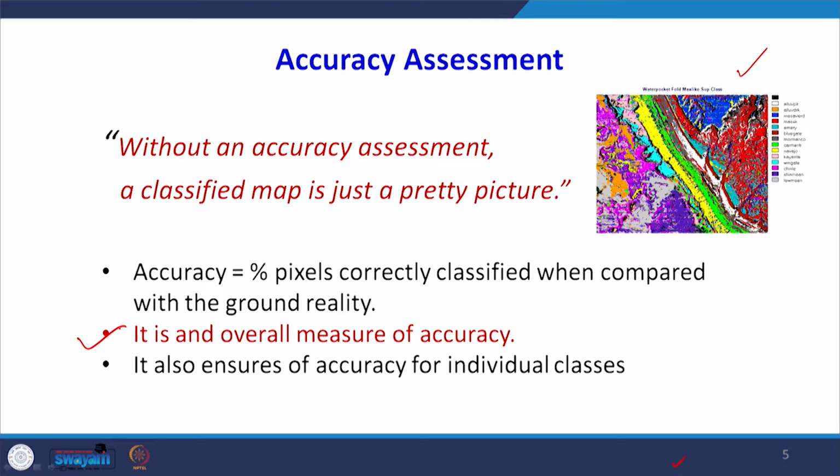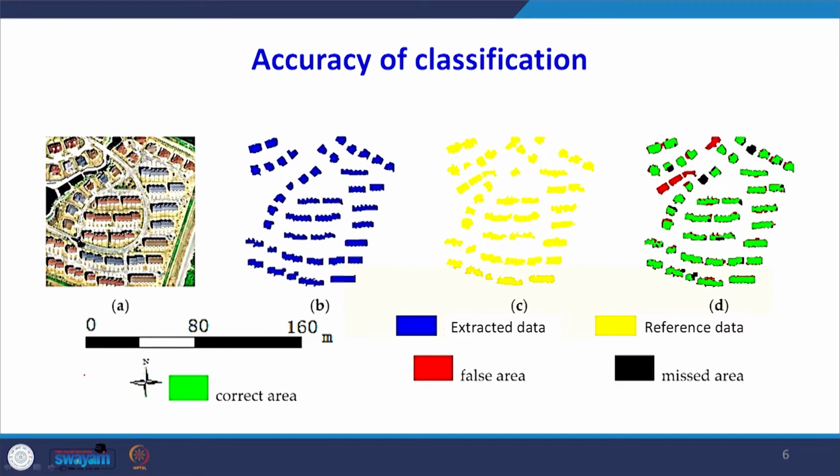And also we can determine the accuracy of the individual classes. As you can see, there are more than 10 classes present in this thematic map. So, we have to understand now how we are going to determine the accuracy.